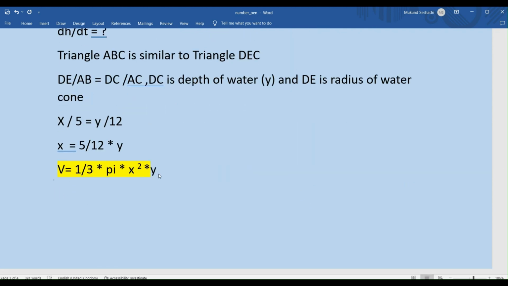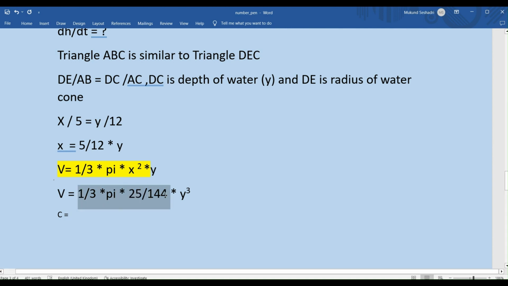So we know that 1 by 3 into pi into x square is 25 by 144 times y square, right? So that becomes y cubed then. For the sake of avoiding confusion with too many numbers on the screen, I'm going to call c equals this, right? And let's come back to this later.